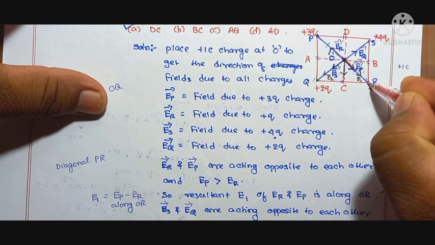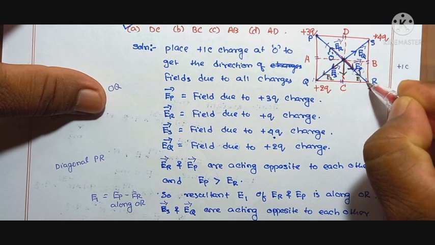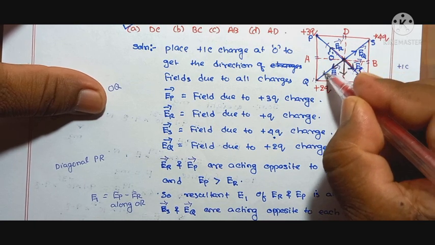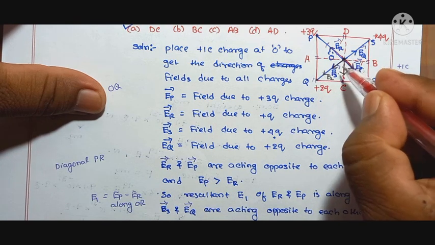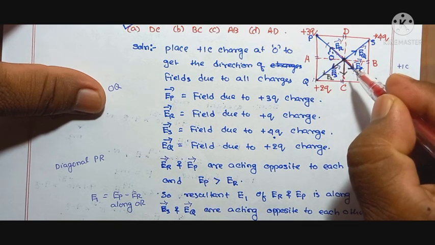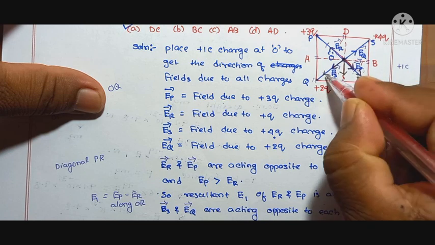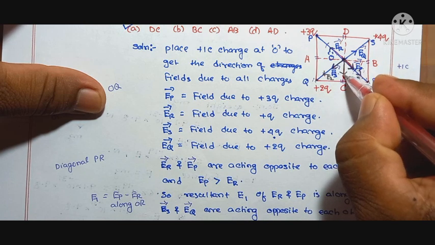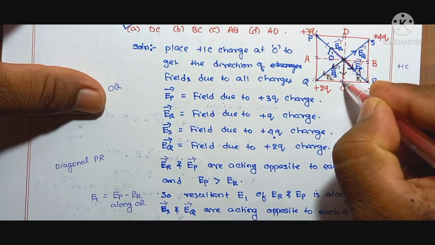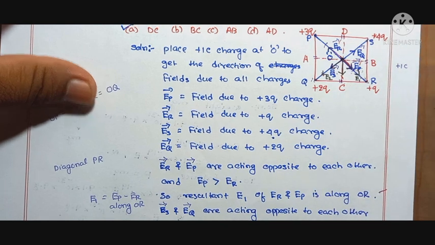Similarly, net electric field intensity between ES and EQ is along OQ, in this direction. Therefore, the resultant electric field intensity between this E1 and E2 will be in this direction. Therefore, answer is along DC.